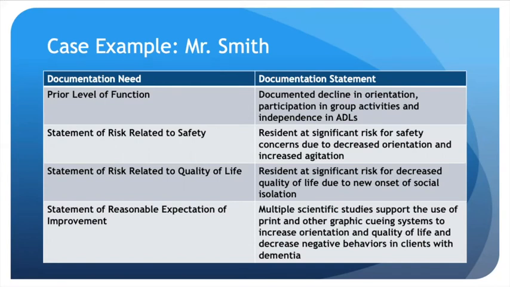So the patient is at significant risk for decreased quality of life due to new onset of social isolation. And there should be a statement of reasonable expectation of improvement. So multiple scientific studies support the use of print and other graphic cueing systems to increase orientation and quality of life, and decrease negative behaviors in clients with dementia. So external memory aids for increased orientation.